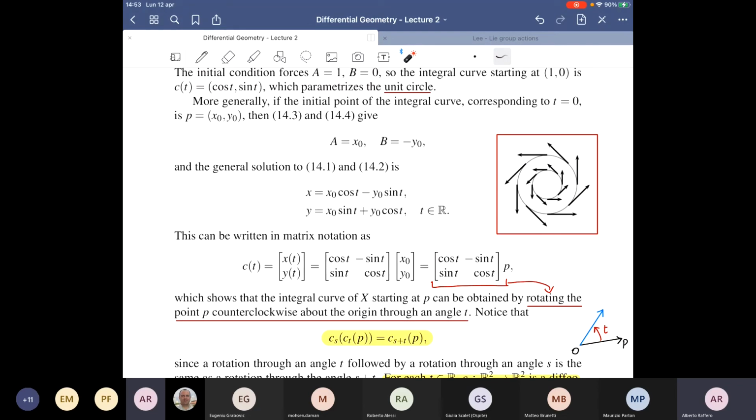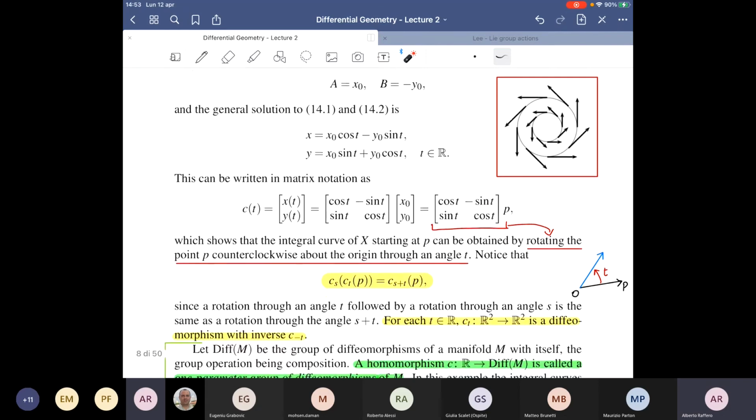Moreover, we have some interesting properties of this map, which are telling us some information of a general pattern. What we can observe is that if we consider the integral curve starting at P until a time t, and then we consider another integral curve starting at, let's say, C of t of P, then composing these two is the same as considering the curve starting at P at time s plus t.